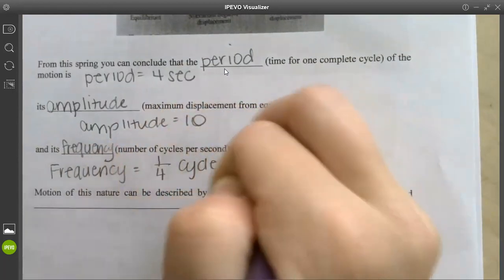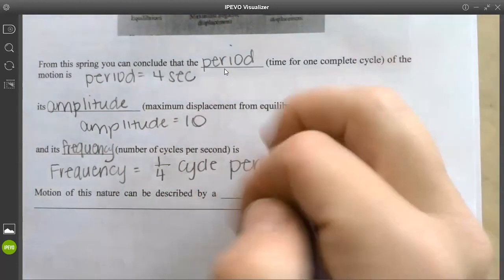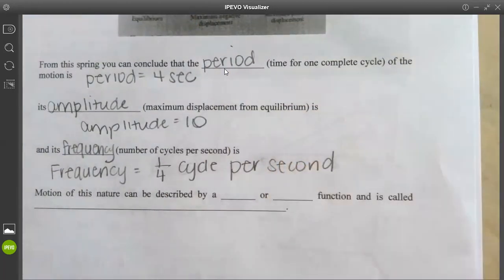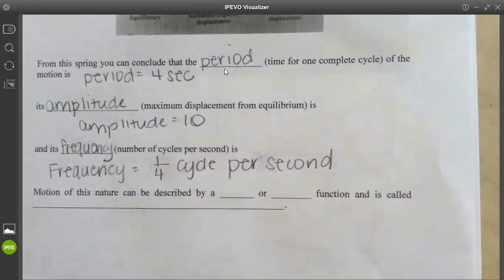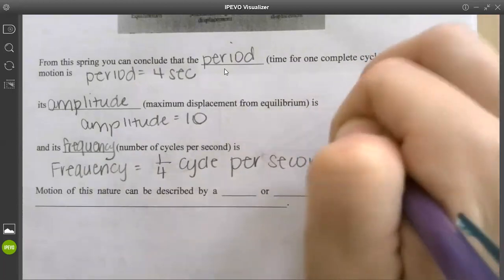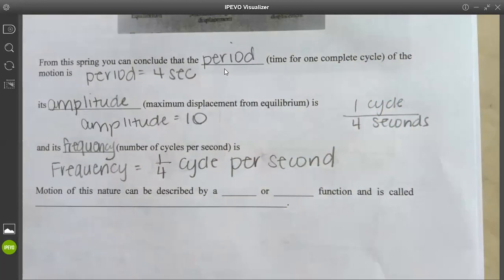Why? How long does it take for a cycle? 4 seconds. How many times? You guys see it? 1 cycle per 4 seconds. Does that make more sense seeing it like that?